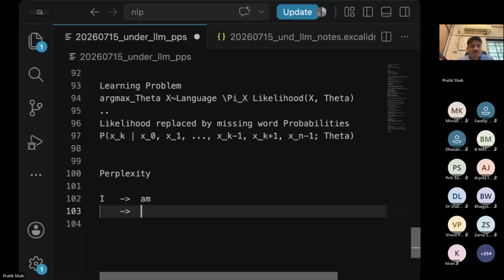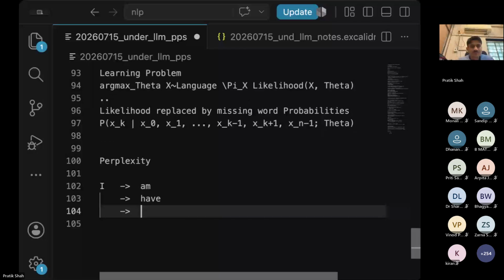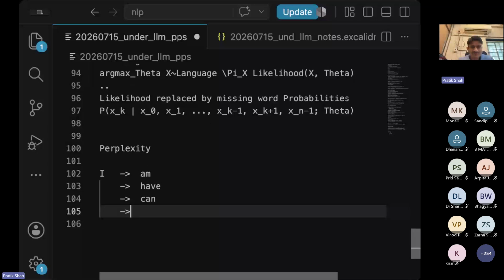I have. Then I can. Correct? This is the problem with LLM. I will. There are many such possibilities, correct?